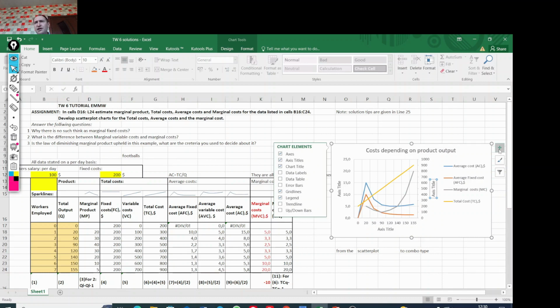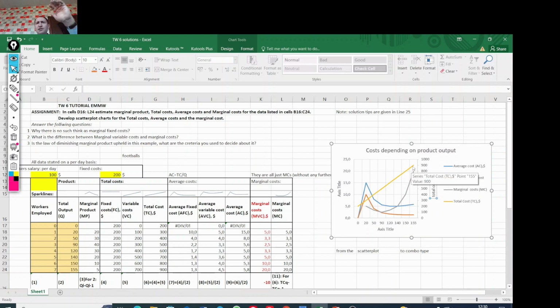Just click on this plus sign in the right hand corner of the chart again, and click on axis titles. A box opens up for the new axis that we introduced to the combo chart. Let's call it total cost, right? The yellow line that had a very big number scale.